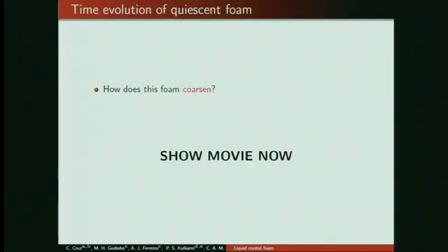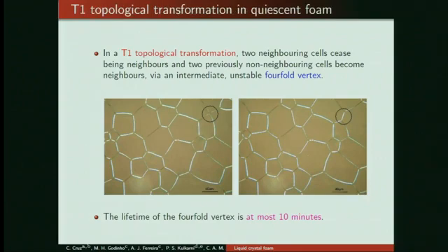So what next? Well, T1 topological transformation, as I've just described. You see one edge shrinks, and for a very short time you have an unstable fourfold vertex there. This is extremely difficult to see in an ordinary liquid foam. They're very short-lived. Here, perhaps because the material is a lot more viscous than ordinary soap, we could actually catch it on tape or on pixels, if we may call it so.